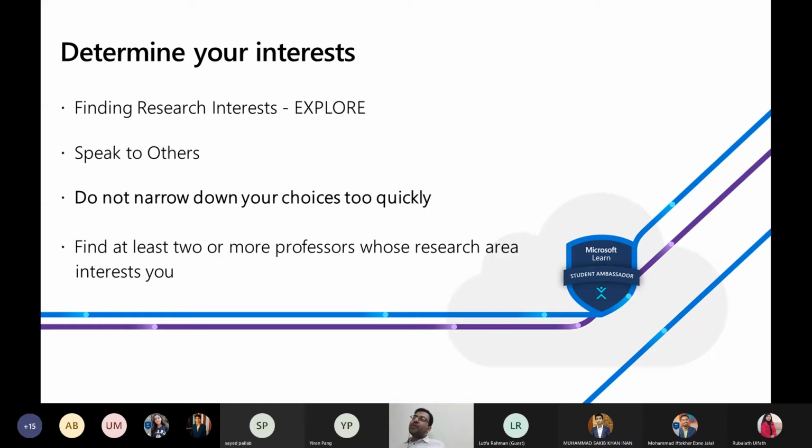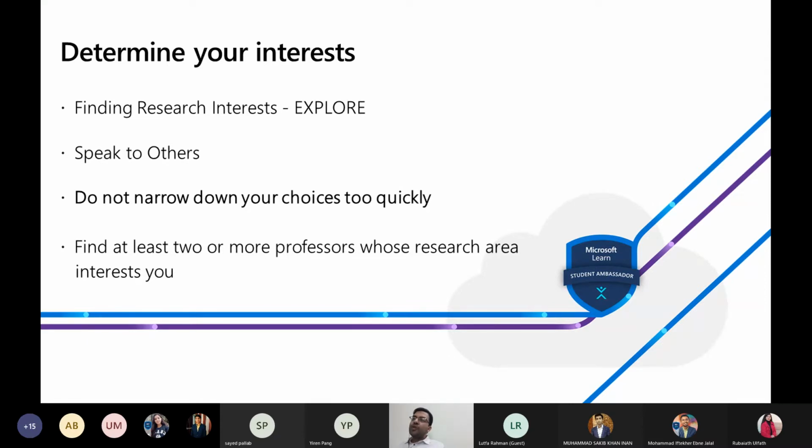After completing your coursework, you have certain motivation for certain subjects, that this subject interested me a lot, so I should dig in, or I should speak to the faculty who taught me this course, who was the instructor, and discuss with him the potential research topics.